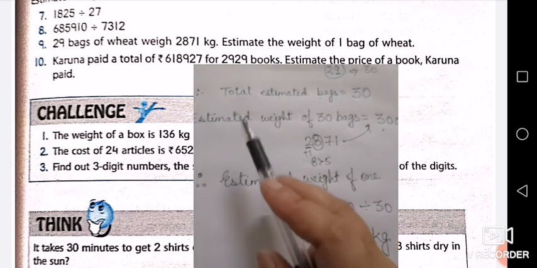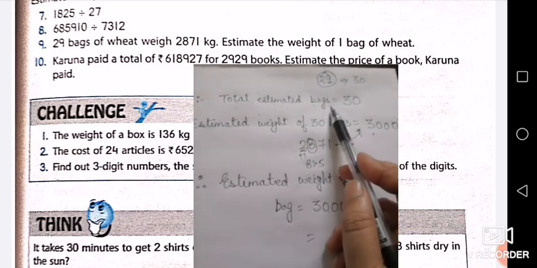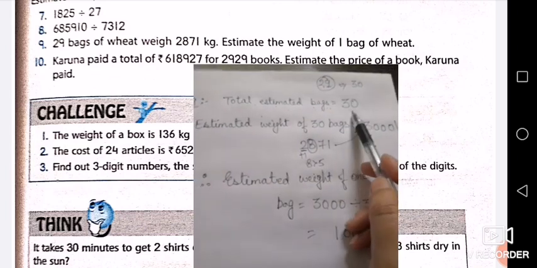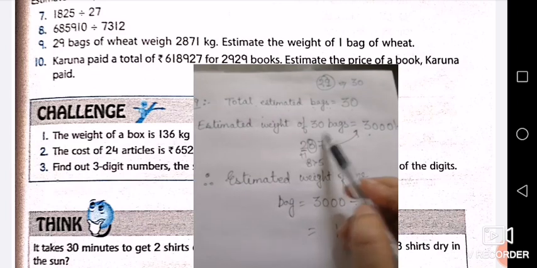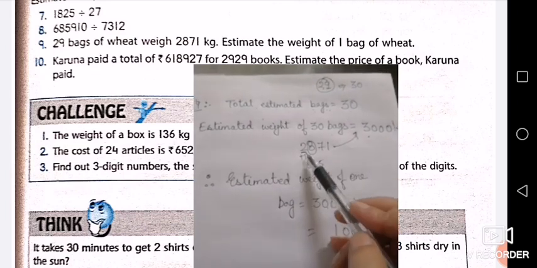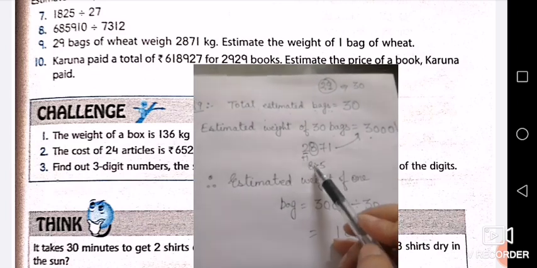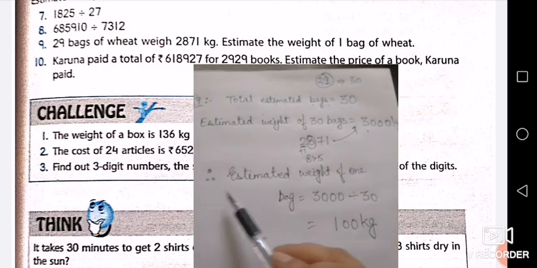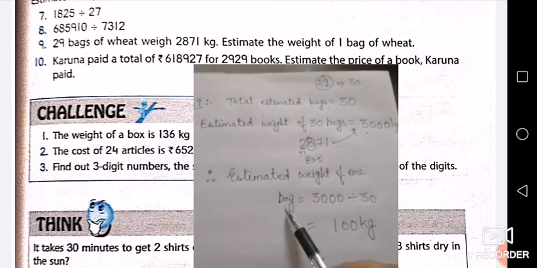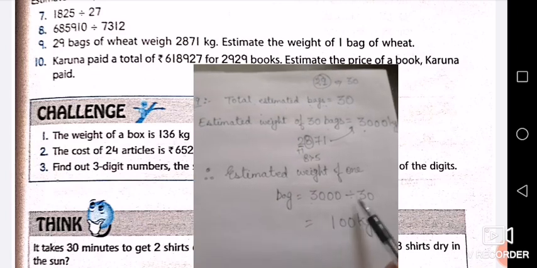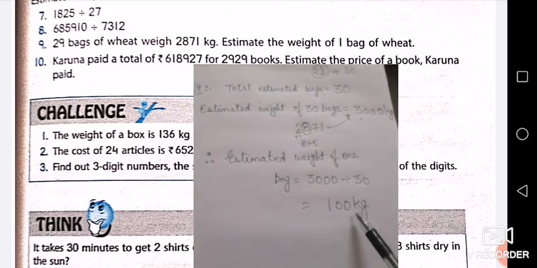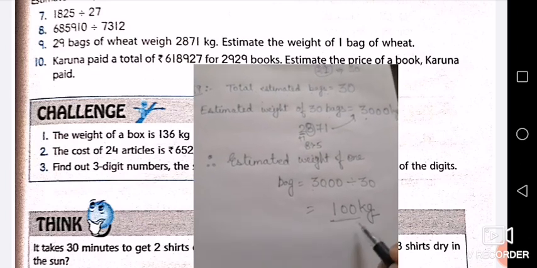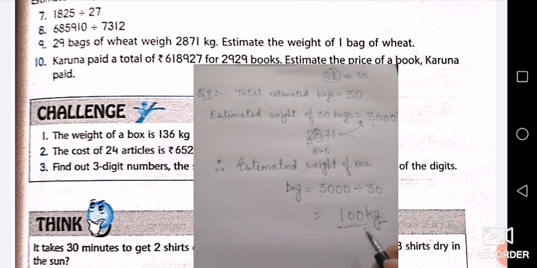Fine, quite a simple question. Total bags were 29 and estimated will become 30. Now the estimated weight of 30 bags: we rounded off 2871 and it became 3000 kg. Therefore the estimated weight of one bag will be 3000 divided by 30, which equals 100 kg. Got it? Quite easy and simple question.